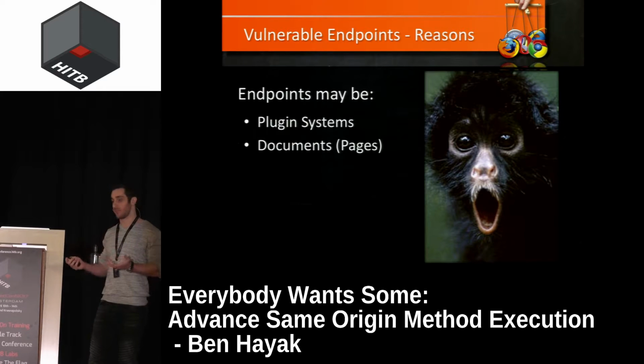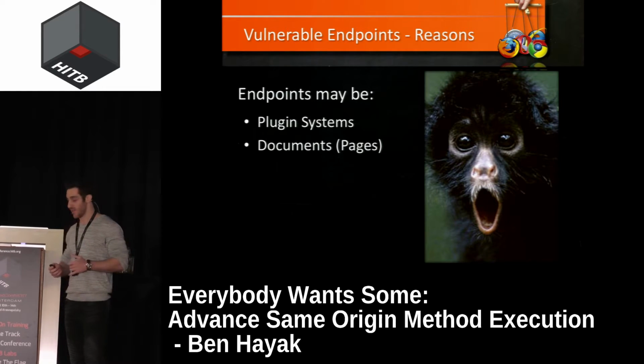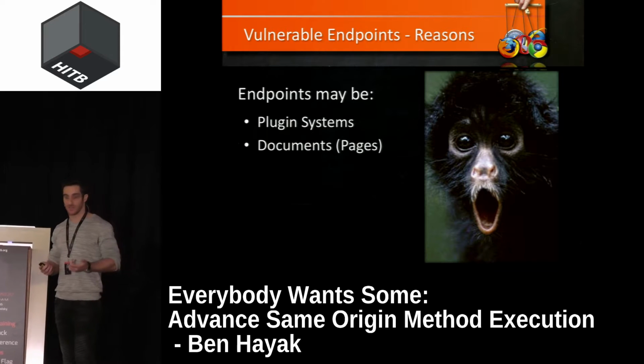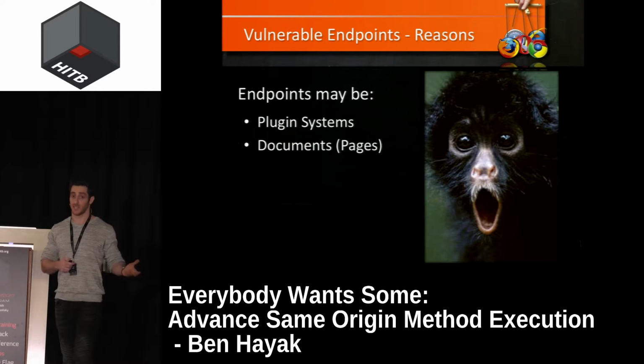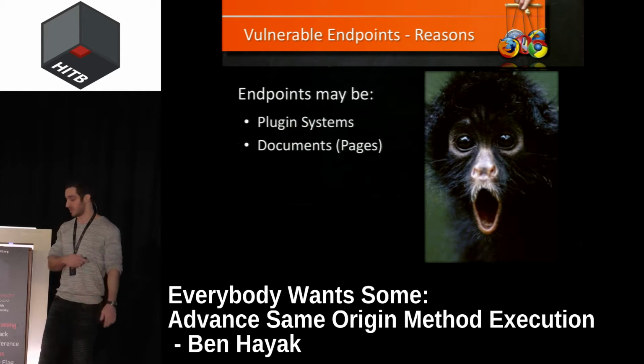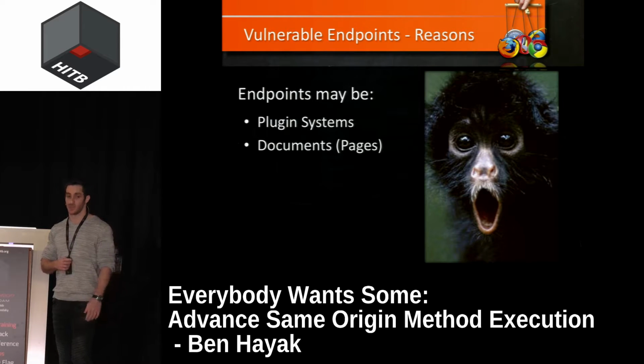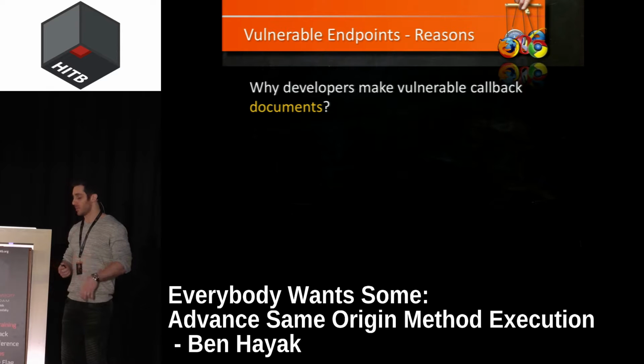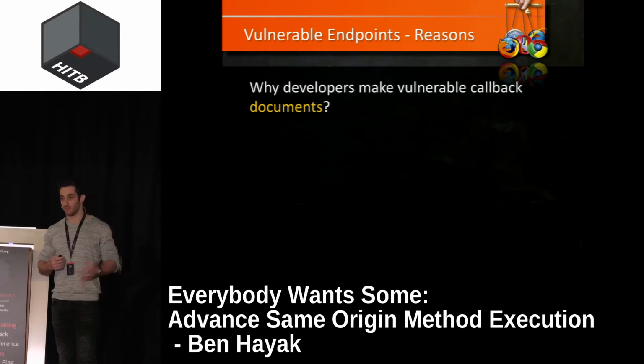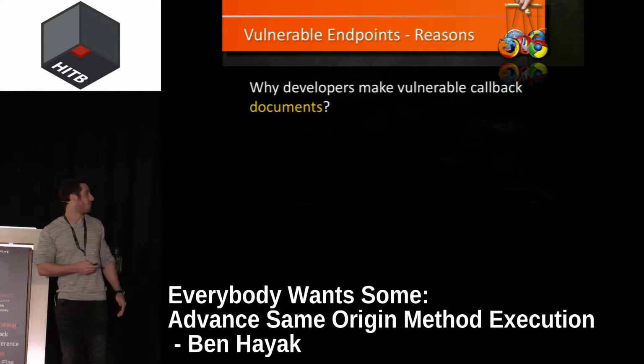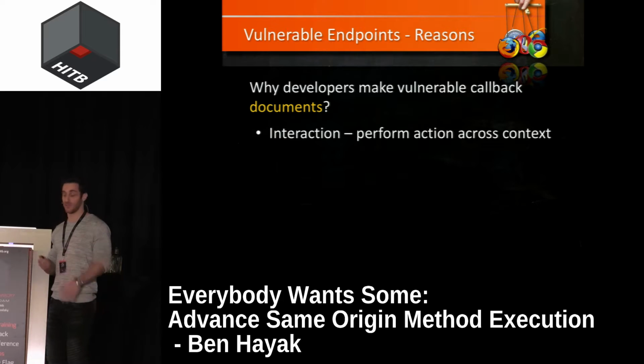The two main positions for the attack are plugin systems and documents, like dedicated pop-ups, like you've seen in the previous slides. Once we understand that we have two different types of locations, we want to answer the question why developers make such vulnerable endpoints in documents, like the dedicated pop-ups.